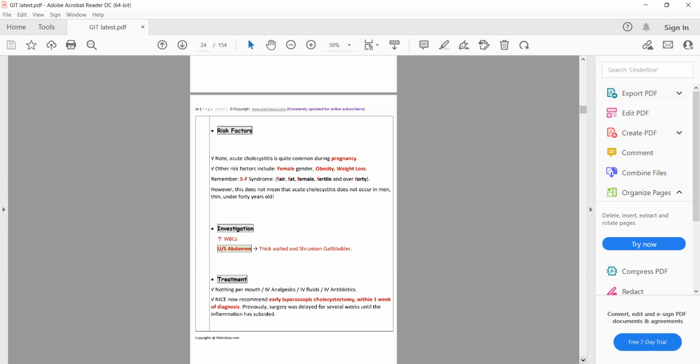But if someone presents with asymptomatic gallstones, an incidental finding on ultrasound, then there is no need for any treatment. You will only reassure the patient.